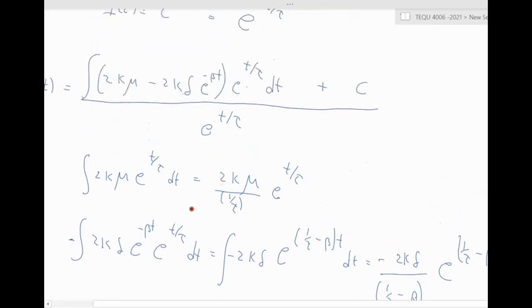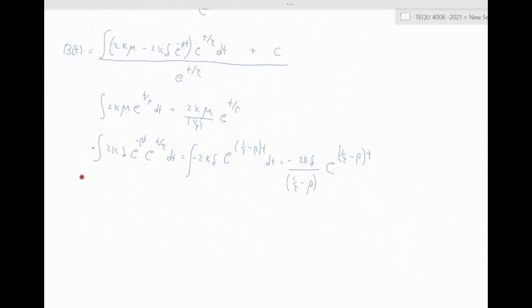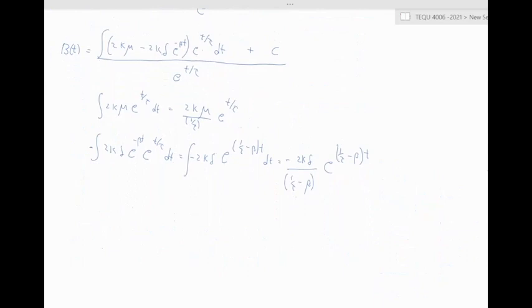So I got the two parts. There we go. So now you can see both parts, how I did it. So now if I put both together, v of t will be, the first part is going to be 2k mu over 1 over tau, e to the t over tau.